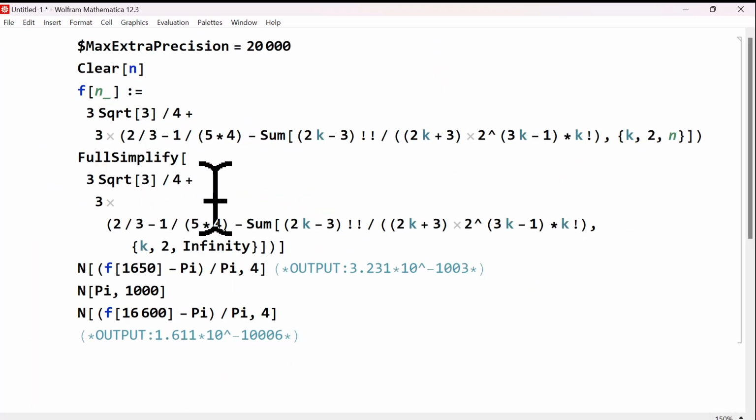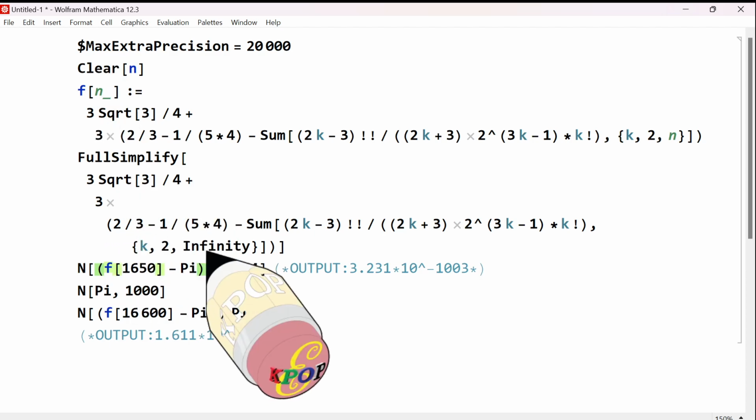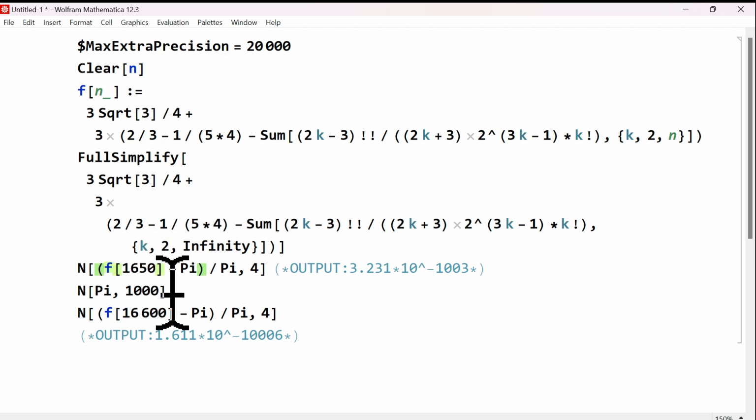Okay, we define this function, and why don't we make use of Mathematica to compute this by summing over everything to infinity. And then, what's next? We'd like to compute the partial sum by setting a finite value of n. The sum is until k runs to a certain value n.